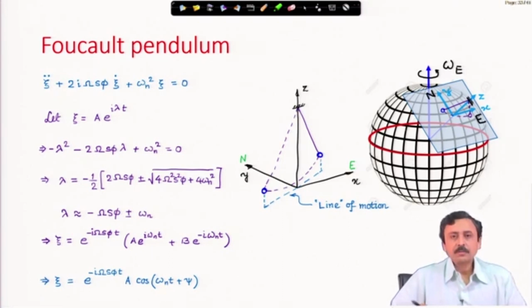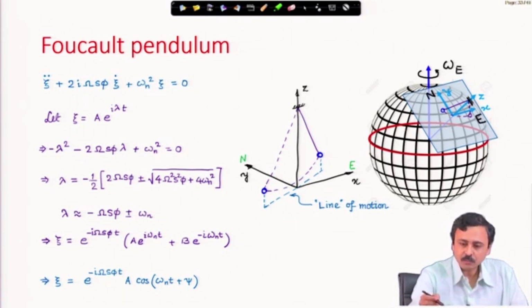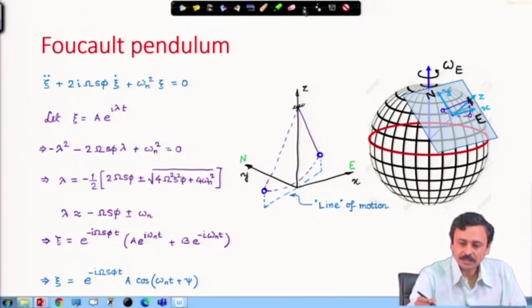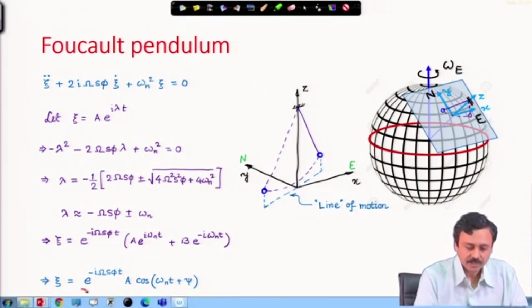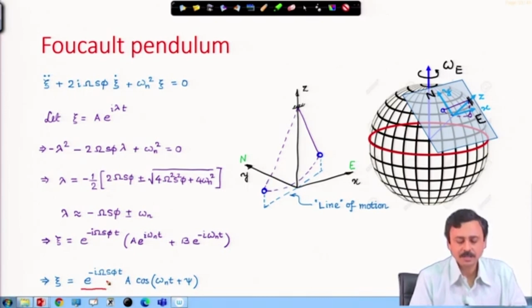Now, if you think about it, the final solution of xi has this structure. It has a multiplying exponential. This is the new thing that has emerged, that involves the rotation of the earth.